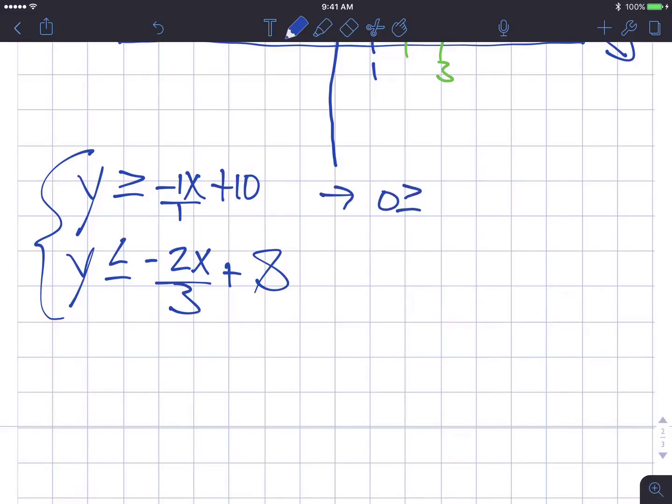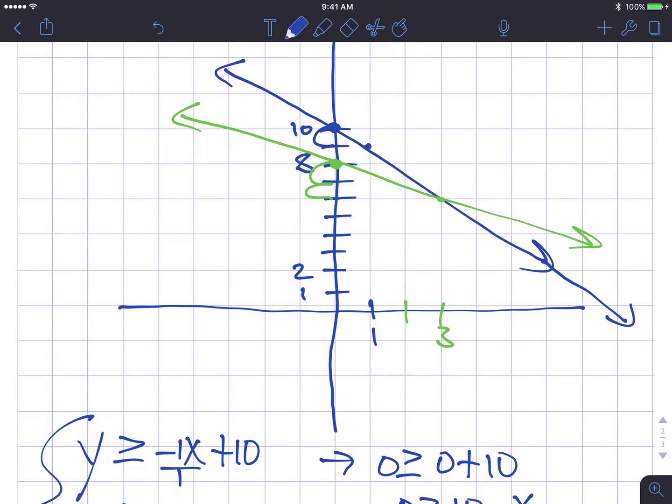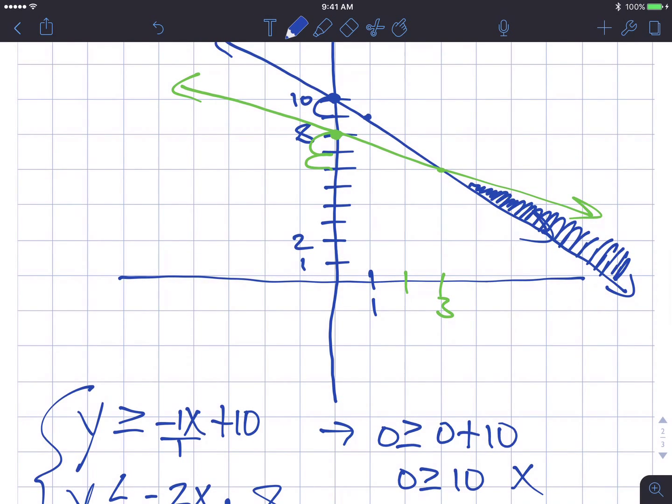0 greater than or equal to negative 1 times 0, which is just 0, plus 10. Is 0 greater than or equal to 10? No, 0 is not greater than or equal to 10. So for the blue equation here, 0, 0 is not a solution point. So we shade above. Okay, and let's do the green.